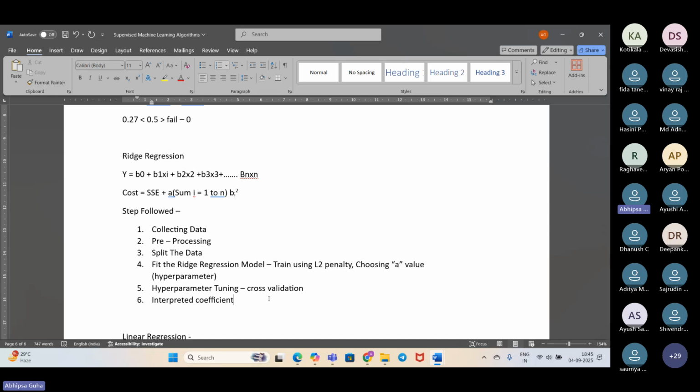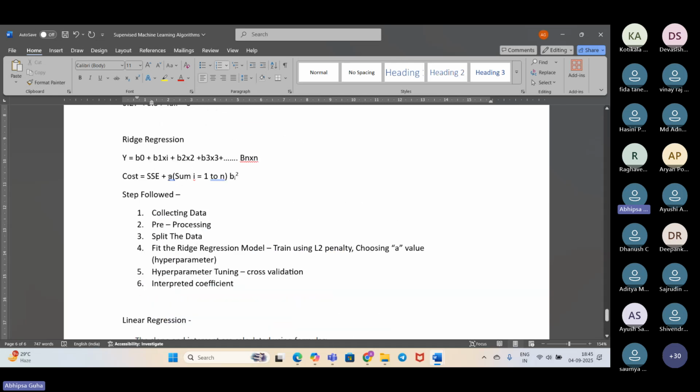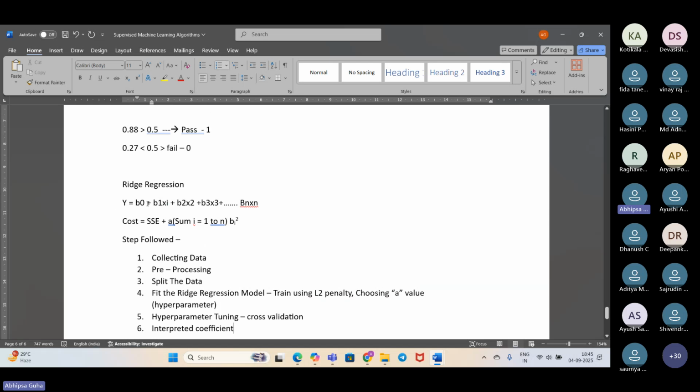Okay, so let me give you a vivid idea of how we have understood and what we are doing in this case. You need to understand how we are working with and finding these variables, the coefficients B0, B1.